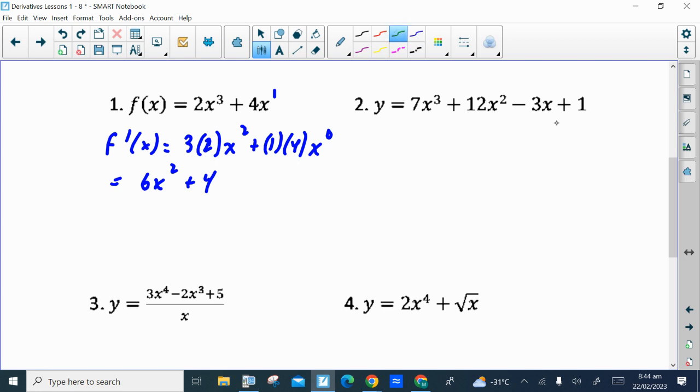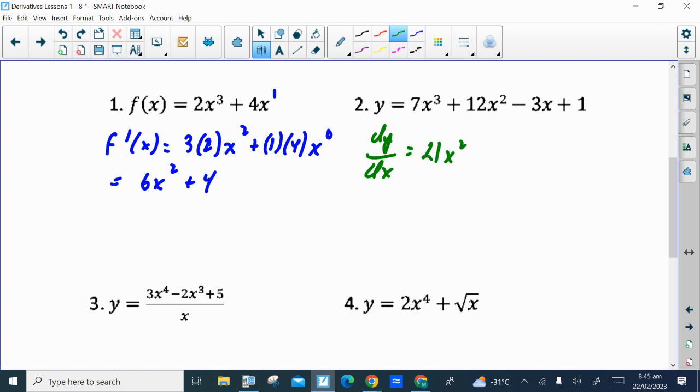If y equals this expression, then dy by dx. So notice the first one was f at x equals, so to show that we're taking the derivative, it's f prime x. The second one, it's y equals, so we write dy by dx, the derivative of y with respect to x. So the 3 exponent is multiplied by the 7 in front, and we'll get 21x squared.